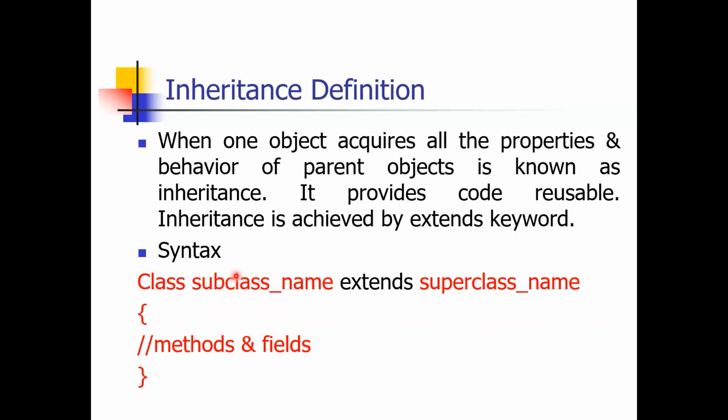We add our parent name after our name, and that shows the relationship. Here, child name, then extends, then parent. So the syntax is: class, subclass name, extends, superclass name, and inside it, methods and fields.